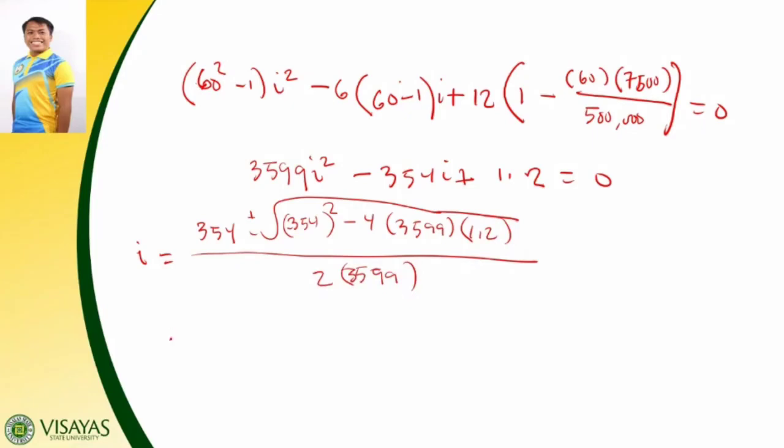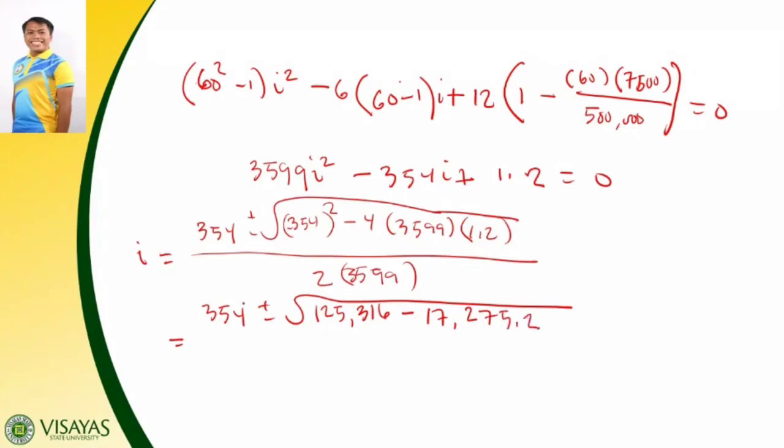So this is 354 plus minus, 354 squared is 125,316, minus 3,599 times 1.2 times 4, 17,275.2. I hope you are following.